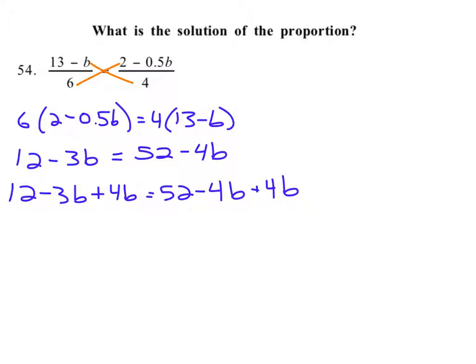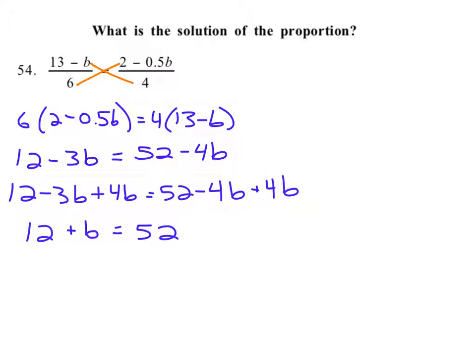On the left-hand side, combining like terms, these go together to be b. So we've got 12, and is it minus b or plus b? Well, there's more positives than negatives, so it's going to be a positive b. Equals, these two are inverse operations, so they just cancel out, leaving you with just 52. And now what's happening to b?